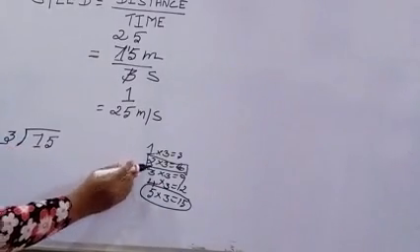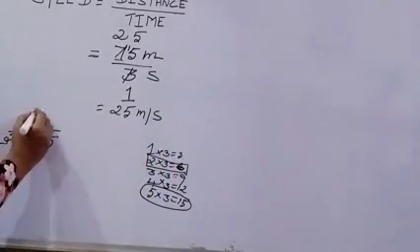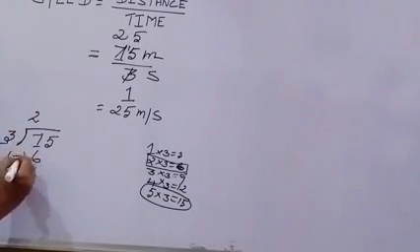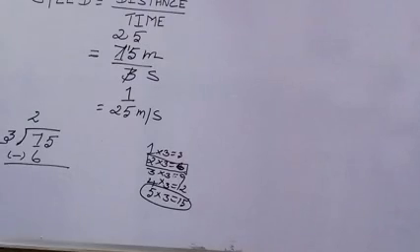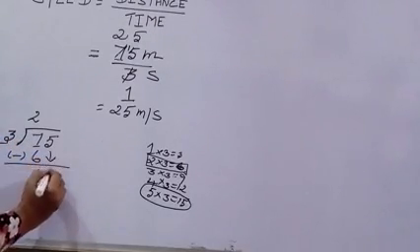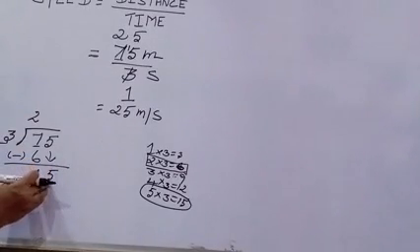So 2 3s are 6. So 2 times 6. Division is repeated subtraction. So 7 minus 6, 1. Bring down 5. Now you get the dividend 15.